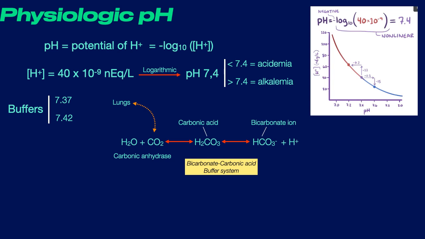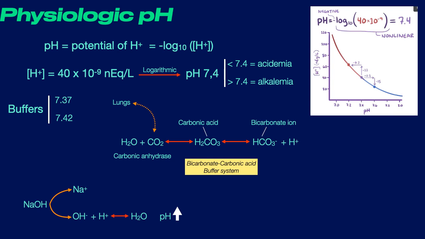So imagine that the extracellular fluid is attacked by sodium hydroxide, which is a strong base. That means that in water, it completely dissociates into sodium ions and hydroxide ions. The hydroxide ions bind to the hydrogen ions, forming water, and the decrease in hydrogen increases the pH a lot.